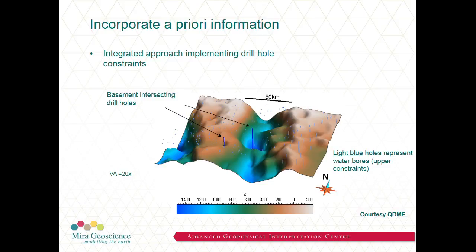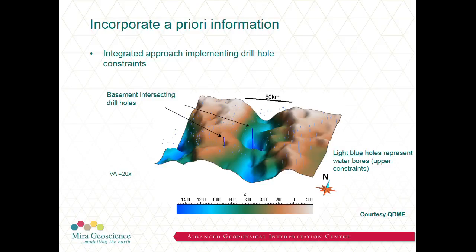So obviously, again, the inversion is non-unique, but by applying these constraints, and you can see the water wells are the kind of holes here, which apply a limiting constraint, so the surface can't go up through the bottom of those. And then there's actual drill holes that pierce that surface that provide an actual pierce point constraint to pin the geometry down. And I guess what we find is that it doesn't take, generally speaking, a lot of constraints to provide a lot of control.